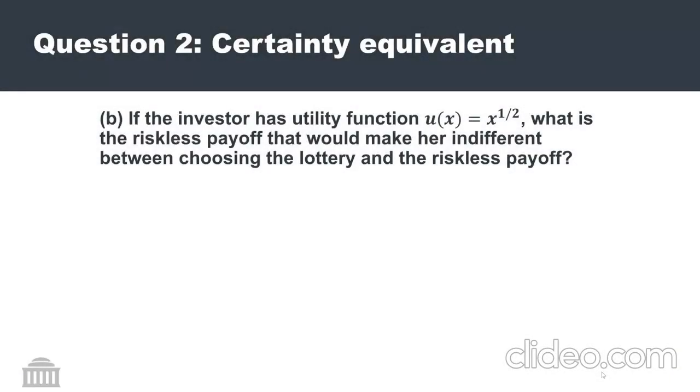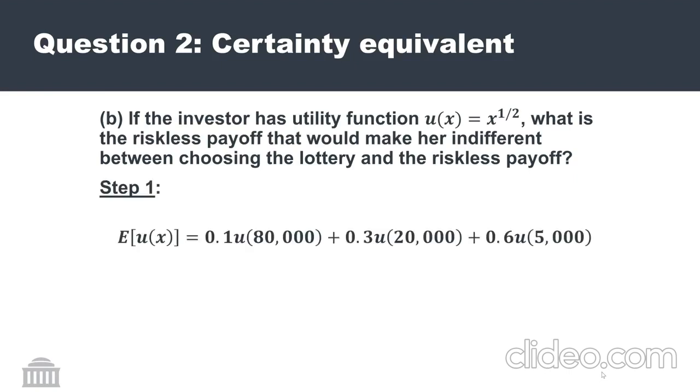Let's find certainty equivalent for the second investor. Recall that her utility function is square root of x, or x raised to the power 1/2. Let's do the same two steps as we have done in part A. So step 1, we'll find expected utility of this lottery for this investor. We're starting with exactly the same equation.